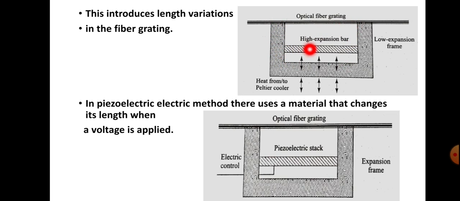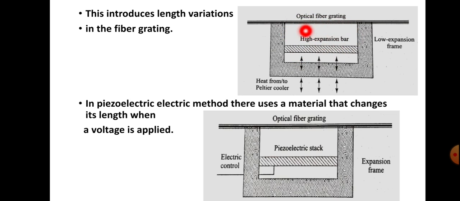That means there will be a bimetal structure, that is, this is one metal and this is another metal, and this metal has a high expansion property and this one has a low expansion property. When we provide heat to this structure, the high expansion metal will expand. As a result, the fiber connected to this setup will also expand.